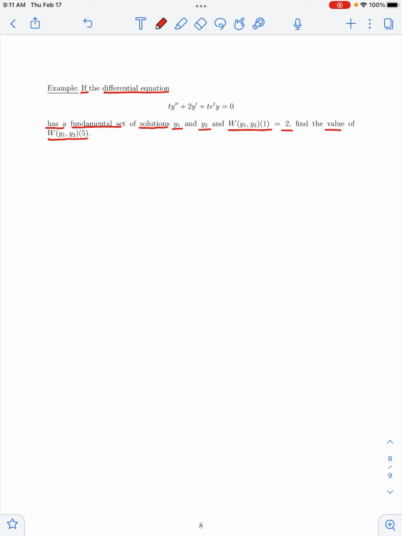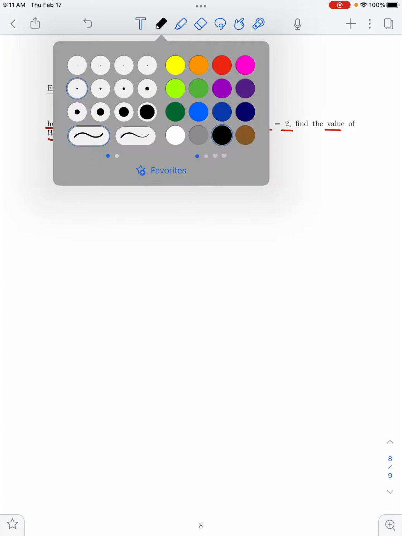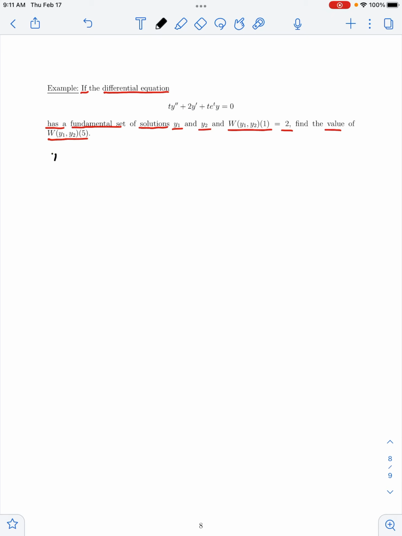So if we're asked about the Wronskian without finding solutions, we know that we want to apply Abel's theorem. And again, to apply this theorem, the first thing that I need to do is rewrite my equation in standard form.